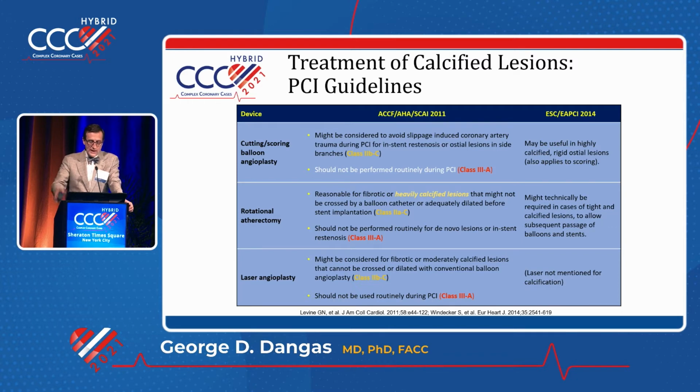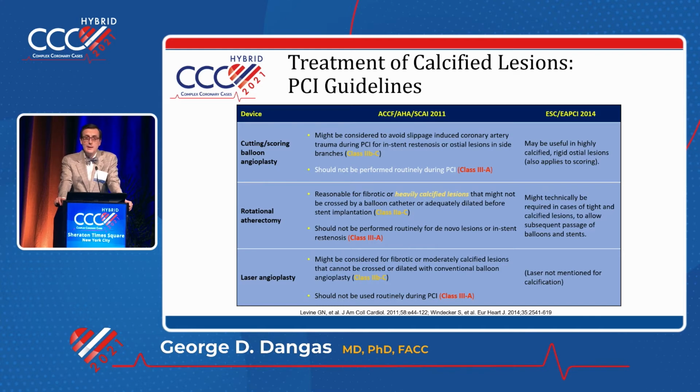Rotational atherectomy is again not a very high recommendation, but a class 2A recommendation for heavily calcific lesions. And in the EAPCI 2014 statement it might technically be required in cases of tight calcified lesions to allow the subsequent passage of balloons and stents, indicating the modification of the plaque. That's what this means. But again, it should not be performed routinely in de novo lesions or in-stent restenosis lesions.